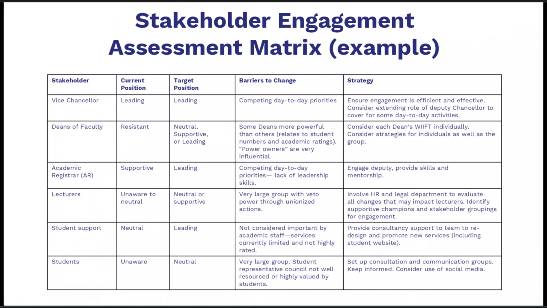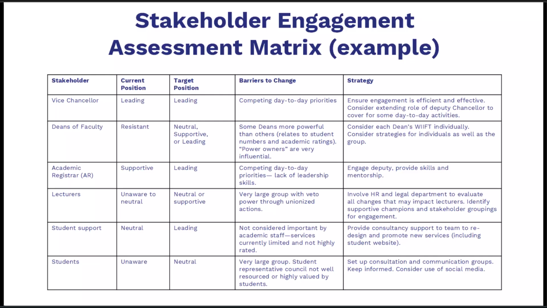Stakeholder engagement assessment matrix, explanation, and healthcare adaptation. This example table shows for each stakeholder 4 things: their current engagement level, the level you need to achieve, the main barriers holding them back, and the specific strategy to move them forward. It is only an example. Its value is in the pattern.